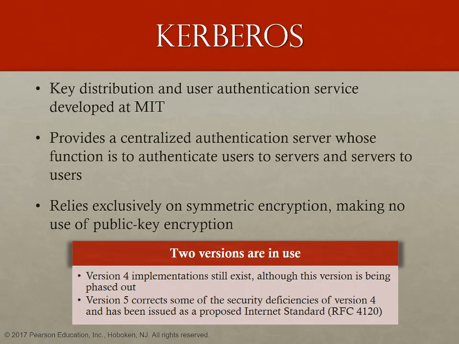Version 4 implementations still exist, although this version is being phased out. Version 5 corrects some of the security deficiencies of version 4 and has been issued as a proposed internet standard. Because of the complexity of KERBEROS, it is best to start with a description of version 4. This enables us to see the essence of the KERBEROS strategy without considering some of the details required to handle subtle security threats. Then we examine version 5.